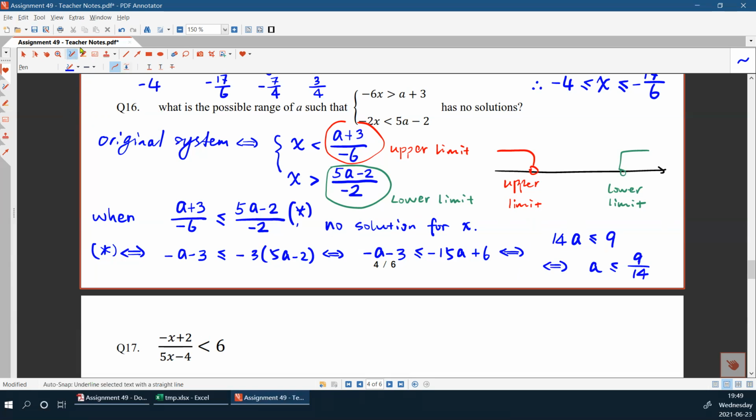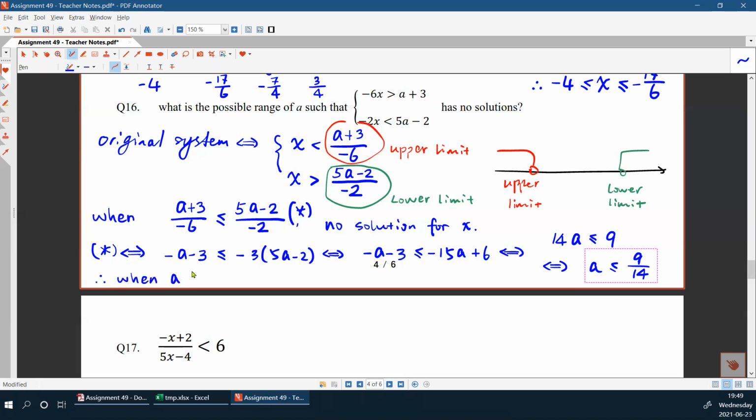Okay, so the conclusion is when a is smaller than or equal to 9 over 14, there is no solution for x. Okay, usually we make the conclusion at the last, in the end.